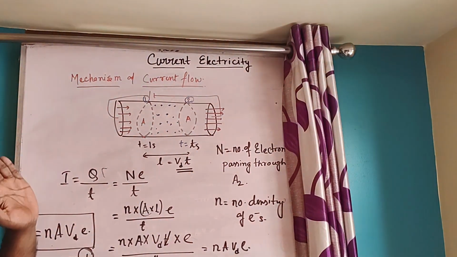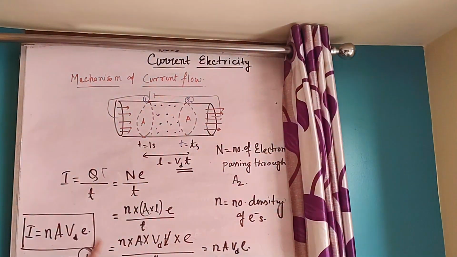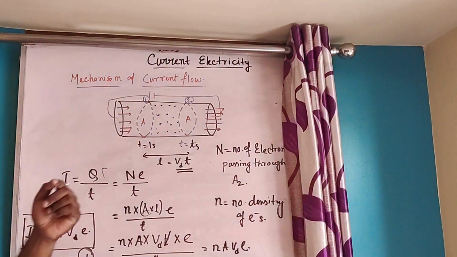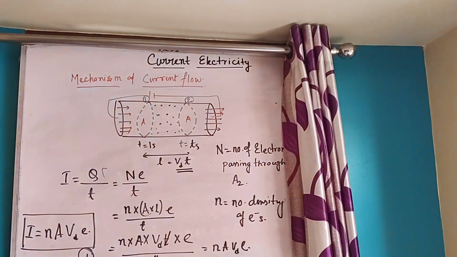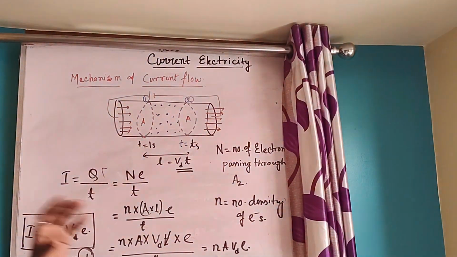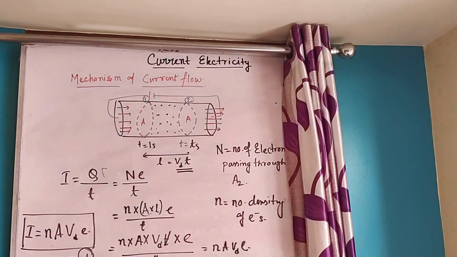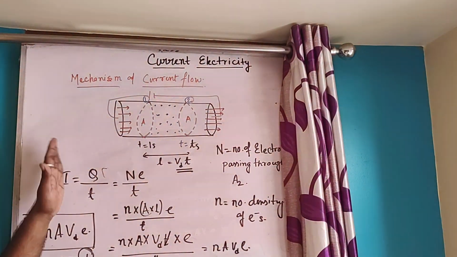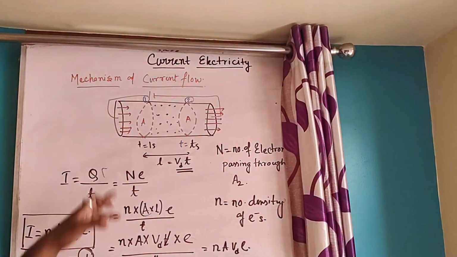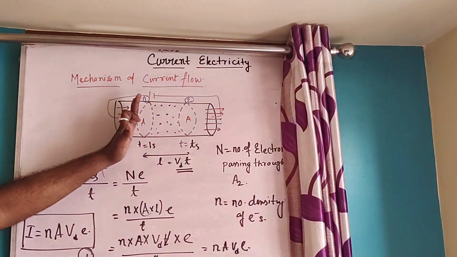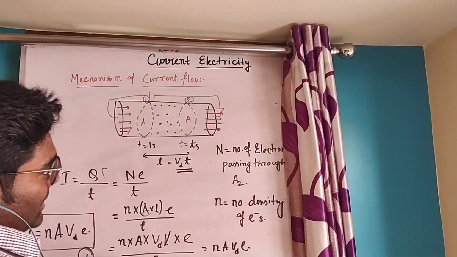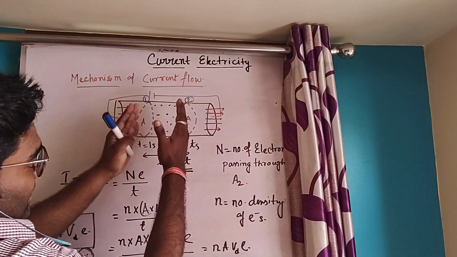So you will have to repeat the calculation from the first. What are the steps that you have to follow? This is the two cross sections I have taken. Now we have to understand what is steady flow.